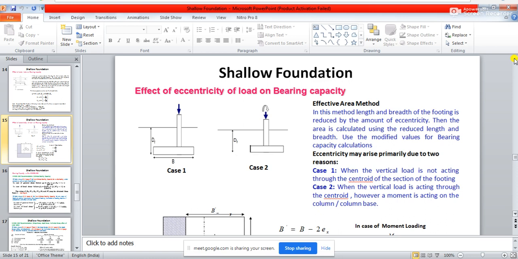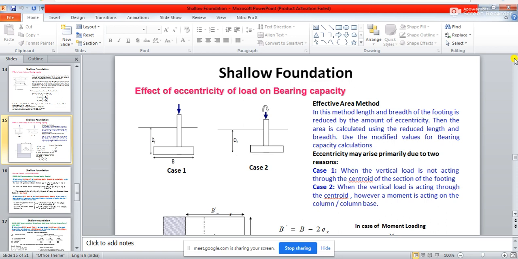The shape factors Sc, Sq and S gamma are always 1 for strip footing, as Terzaghi developed his equation assuming a strip footing, a shallow foundation, and general shear failure.